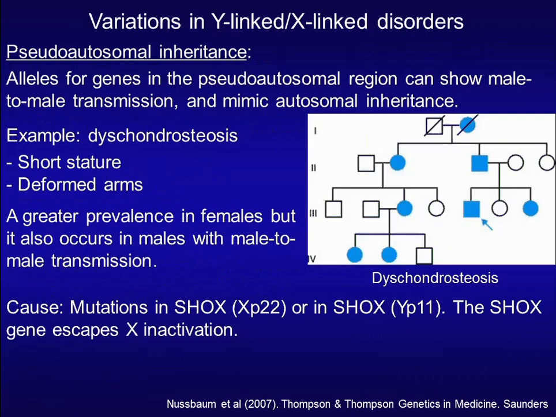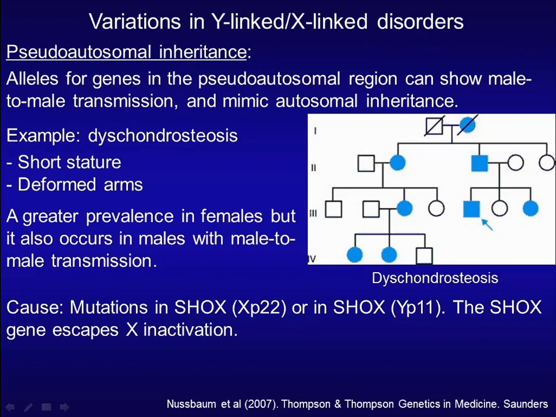The pseudo-autosomal region creates a variation in Y-linked or X-linked disorders, which is called pseudo-autosomal inheritance. An example is dyschondrosteosis. It is caused by mutation in the SHOX gene, either on the X or on the Y chromosome.